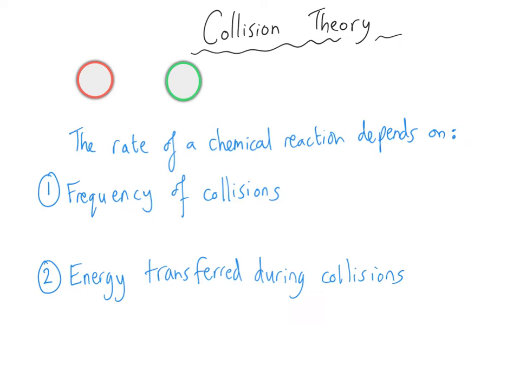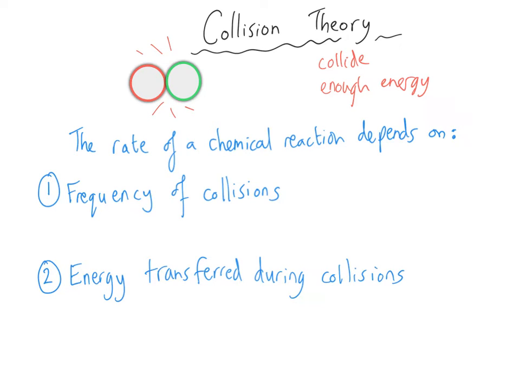Let's have a look now at collision theory. Collision theory explains how various factors affect the rate of a chemical reaction. And according to collision theory, chemical reactions can only occur when reacting particles collide together. They also need to have enough kinetic energy for the reaction to be successful. So these two particles, as they are here, this one needs to knock into that one, and we need to have a forceful collision.